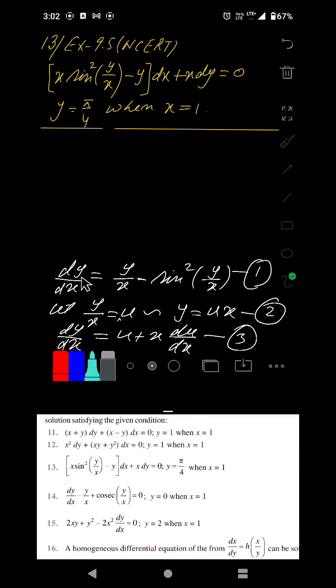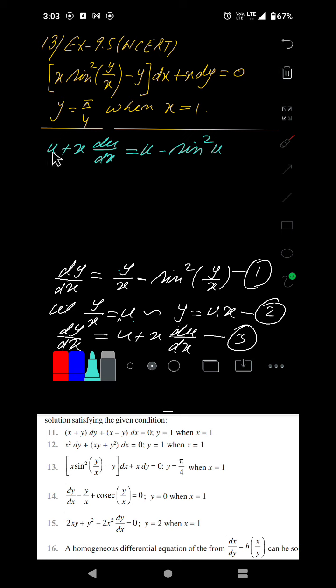So replacing dy upon dx by u plus x du upon dx on the left hand side, we have u plus x du upon dx, and on the right hand side y upon x becomes u according to our assumption from equation number 2. Y upon x is equal to u, so on the right hand side we have u minus sine square u.